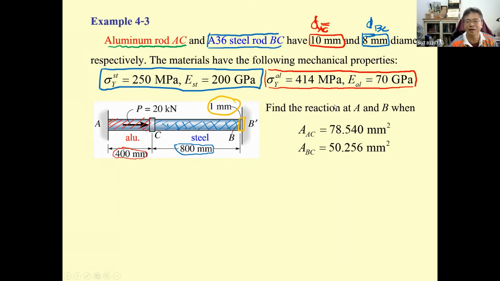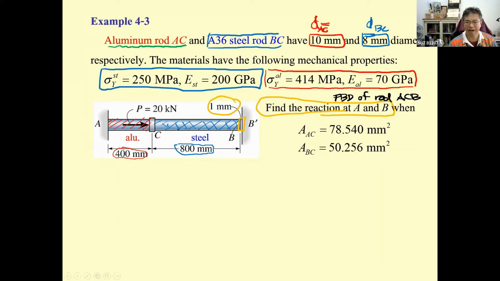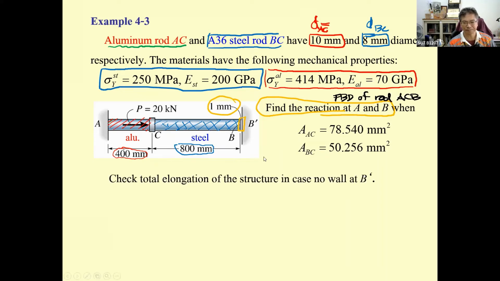Let us start by finding the reactions at A and B. Okay, to determine this, you've got to draw the free body diagram of this rod, of rod ACB. Now you draw this one, and then you've got to check. Under the application of the force, this aluminum member will get the elongation.